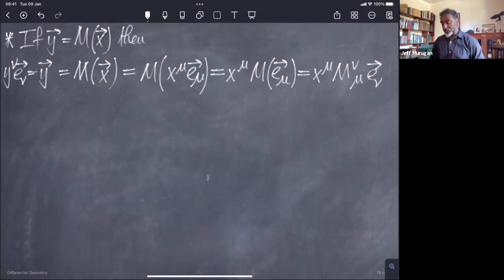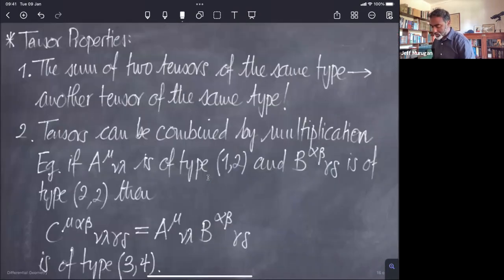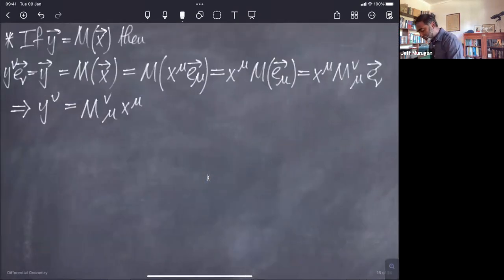By comparing the two expressions, it follows that the components of the vectors transform under the mapping M as y nu equal to M nu mu x mu. So let's keep this in mind. I'm going to need it, so I'm going to call it equation 2.